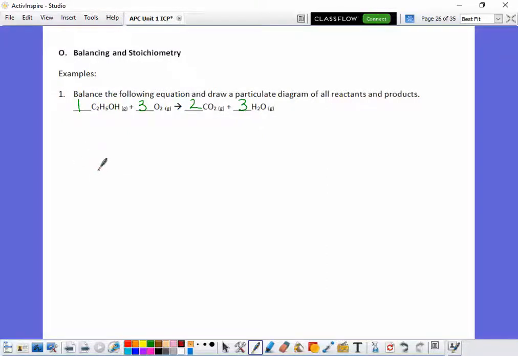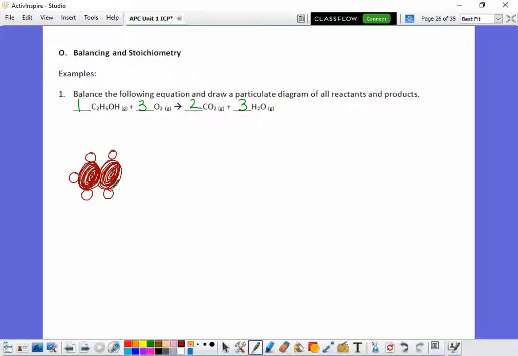So I'm going to represent carbon with a large colored in circle. So I have 2 of those. And then on my first carbon atom, I have 3 of these hydrogen atoms. So I'm going to represent that with a small empty circle. And then on the next carbon, I have 2 of those hydrogen atoms.